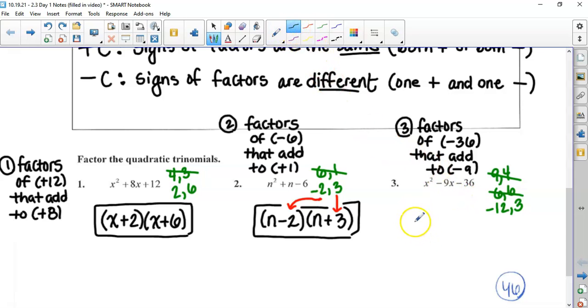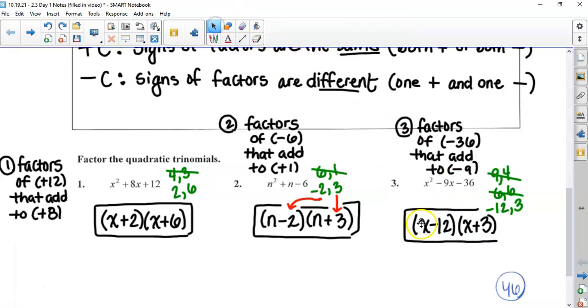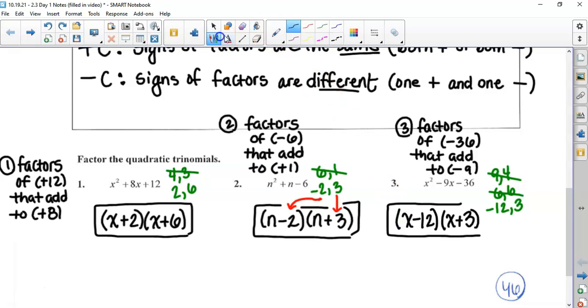So my final answer here for the factored form is going to be x minus 12 times x plus 3, and I am done. So this whole process of factoring when a equals 1 is also fantastic practice for our knowledge of multiplication. Like what multiplies to be what? What are my factors of 36? And that comes with practice, and we're going to have a lot of that today.